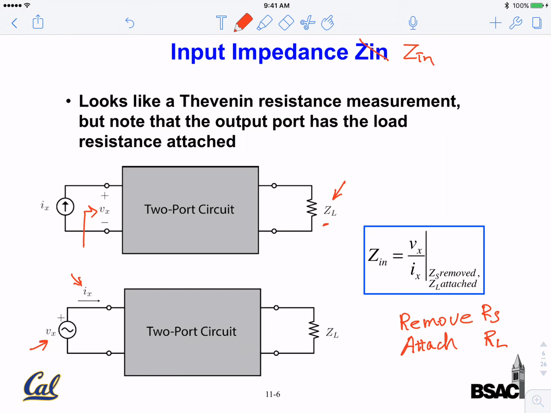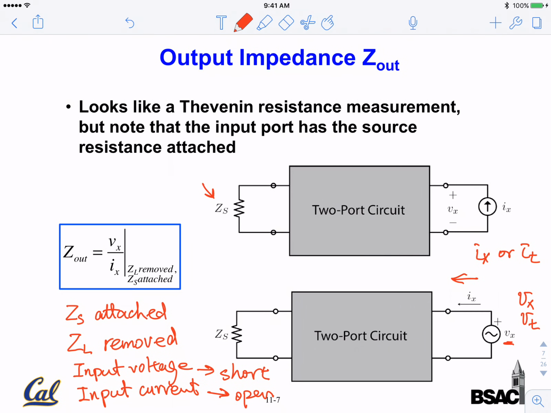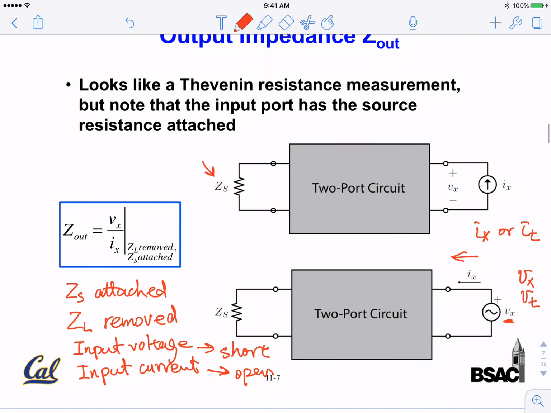And if you have a load, the source will see the implication of that, right? And the RS is dependent. If I change to a different source, I have a different RS. And this convention is important when we start to cascade multiple two-port circuits. Then this becomes important.